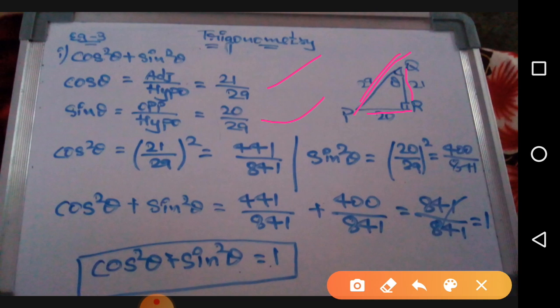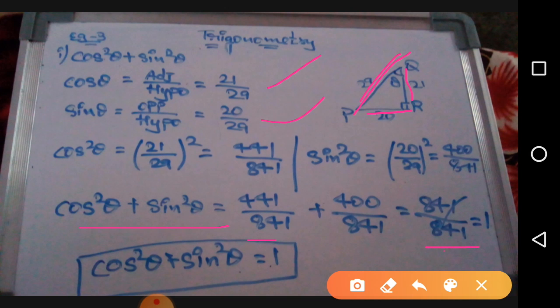Instead of cos square theta, replace it by 21 by 29 squared, and the square of 21 is 441 and the square of 29 is 841. Thus sin square theta is nothing but 20 by 29 squared, that is 400 by 841, and if you add, you will get 441 plus 400 divided by 841, that is 841 by 841, and it is 1.